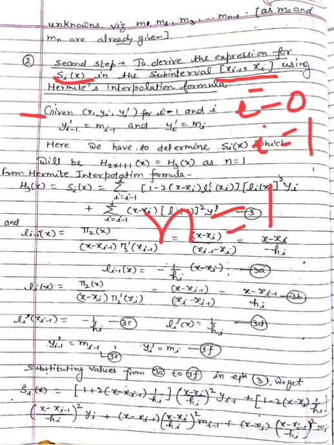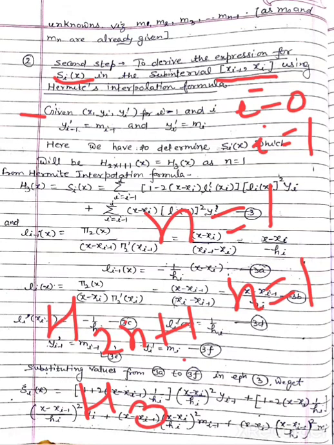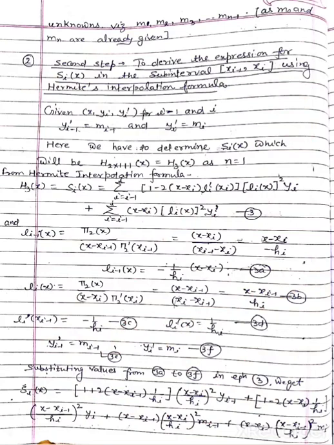So in the Hermite interpolation formula, we will put h to n plus 1 and n equals to 1. So the Hermite interpolation formula will be h3x. So we will use the formula h3x here.